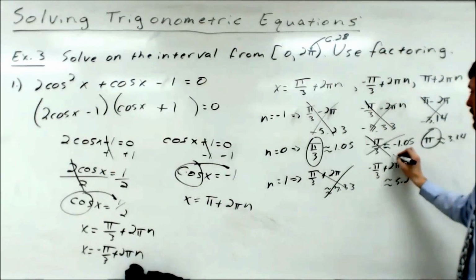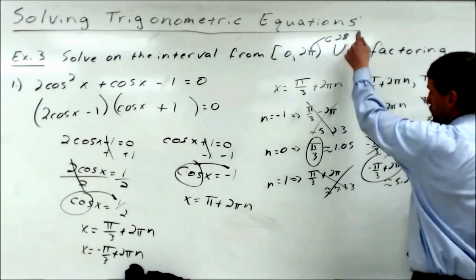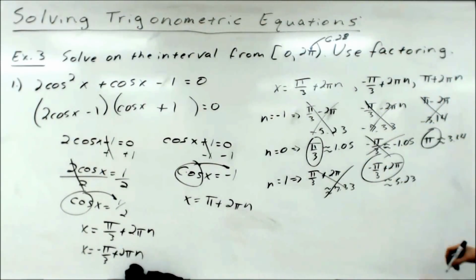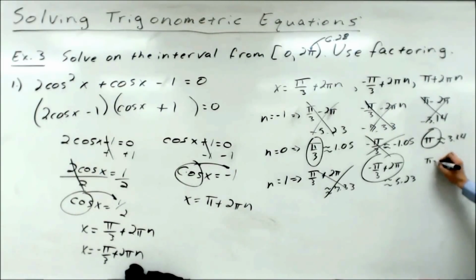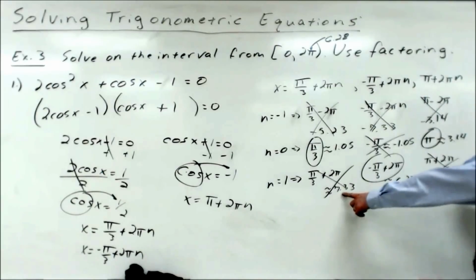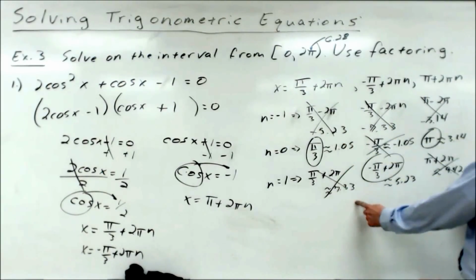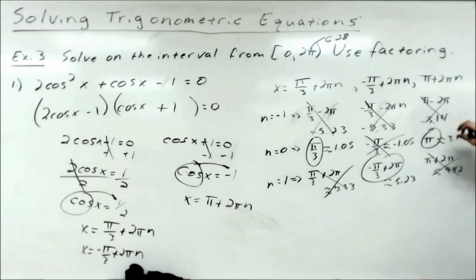That one fits. That's in our 0 to 6.28 range. And pi plus 2 pi is 3 pi, which is 9.42, I think. So that one again doesn't work. So we've eliminated these two, because above and below we found they don't work.